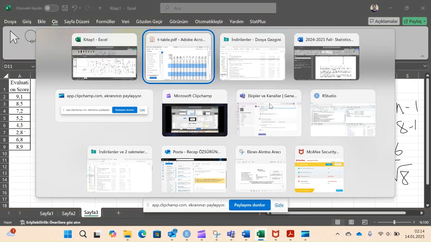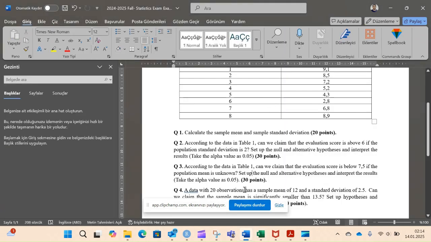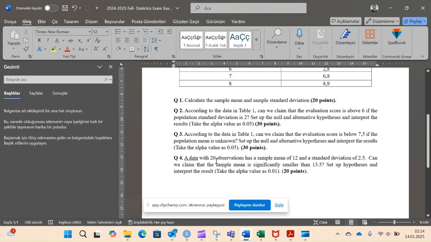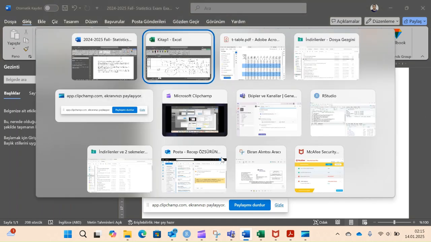Here's another example for the t-test. A data with 20 observations has a sample mean of 12 and standard deviation of 2.5. Can we claim that the sample mean is significantly smaller than 13.5? Set up hypothesis and interpret the results. Here we do not have the data, but the data results are given to us.